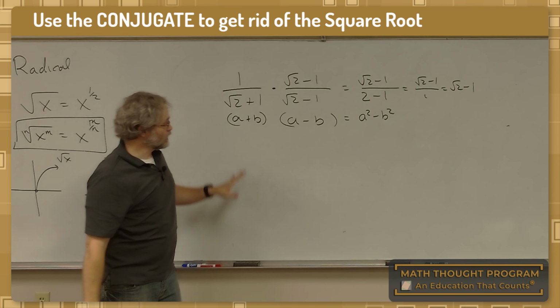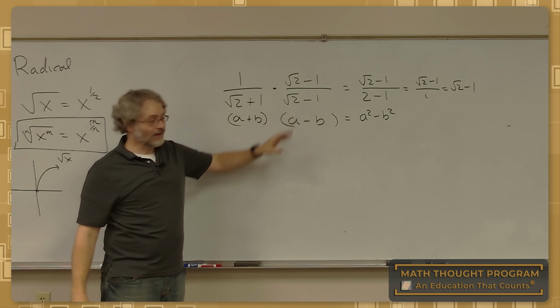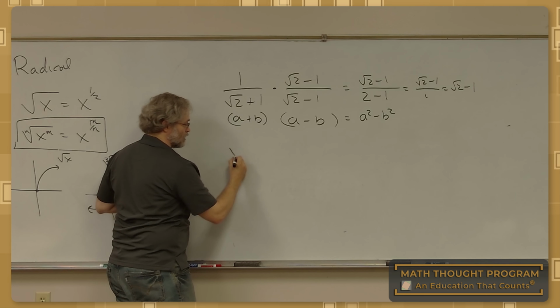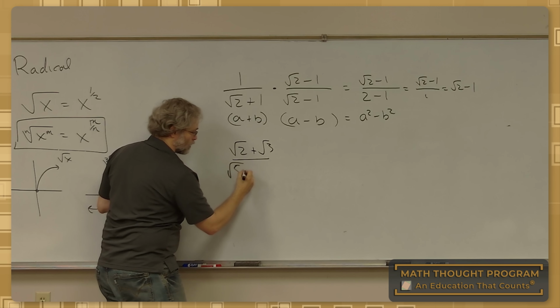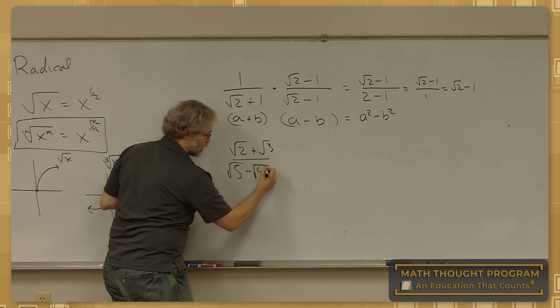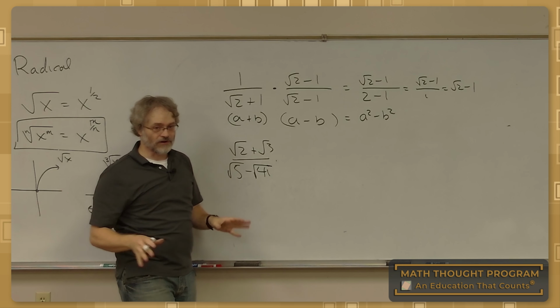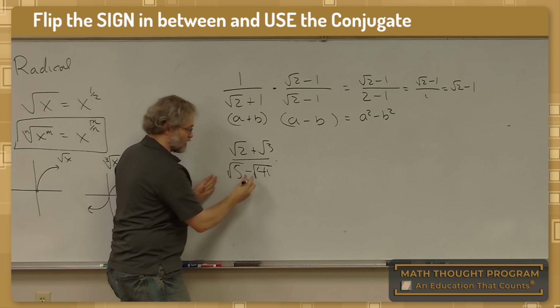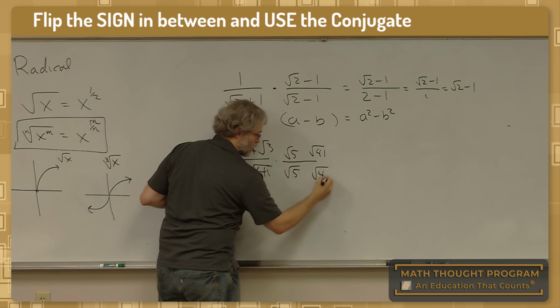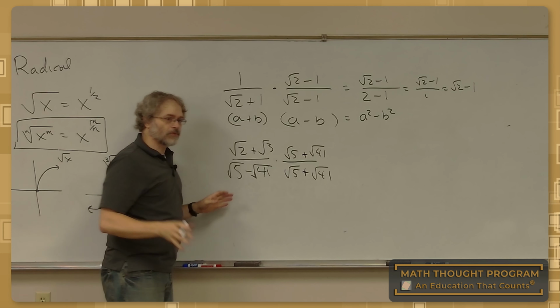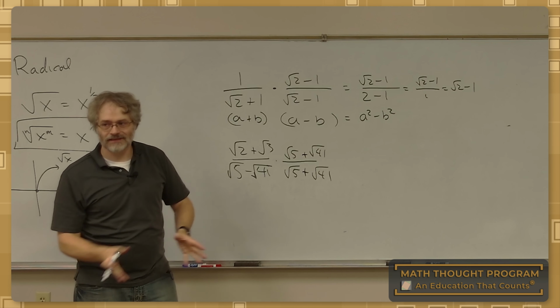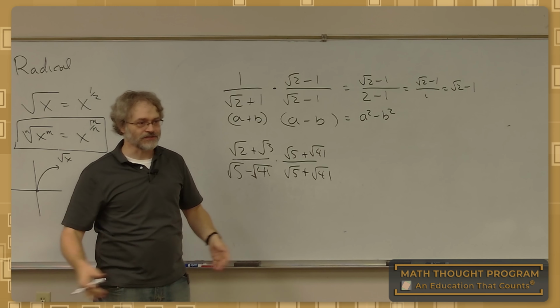This process, we're using what's called the conjugate. And if I was to give you a little more complex problem, the way that I work it is very, very similar. Take whatever you have, flip the sign. Apply the difference of squares identity, simplify it down to get your answer.